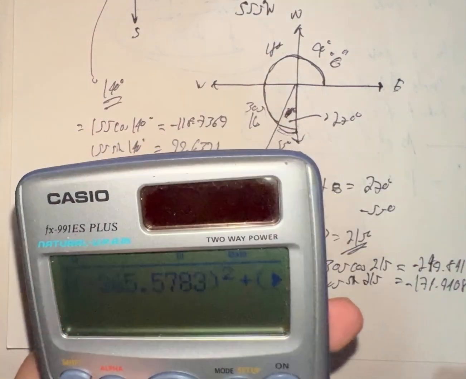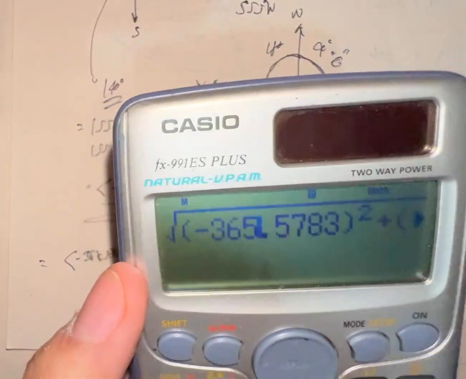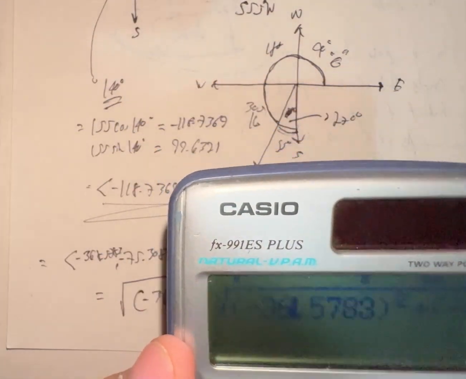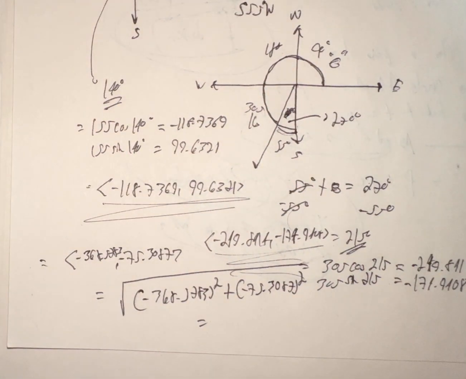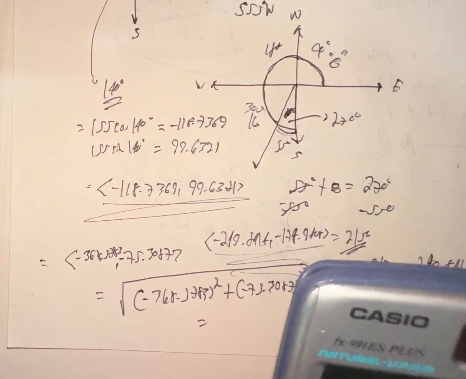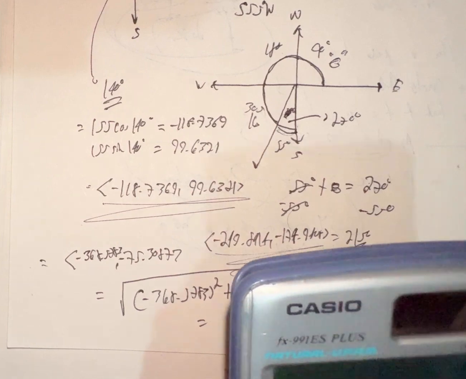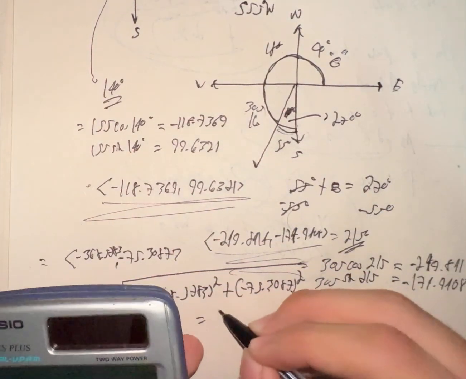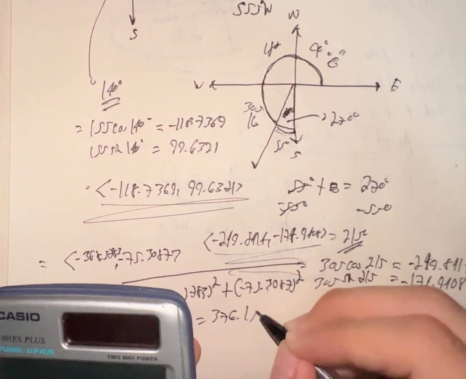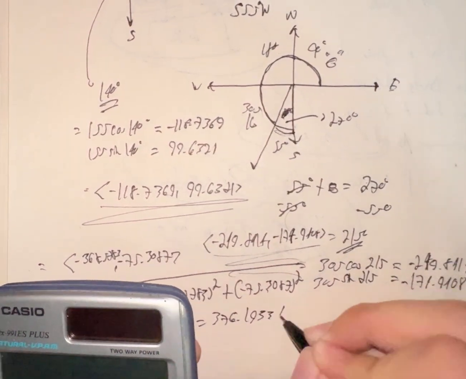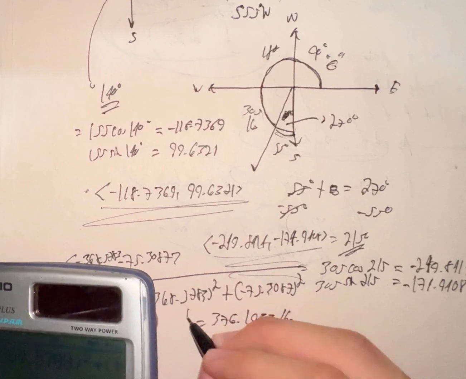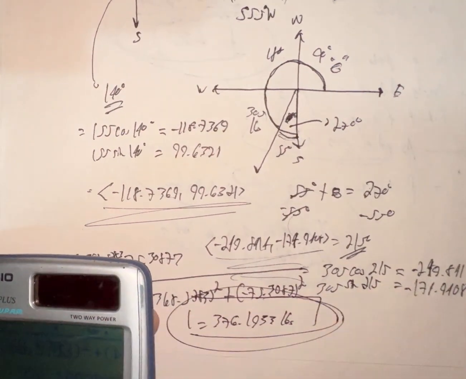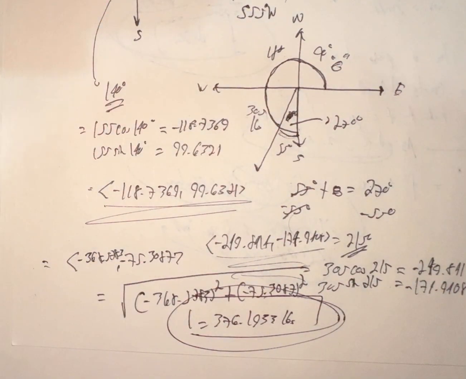And yes, I did have something wrong. It's 368, not 365. So now our final resultant vector should be 376.9333 pounds. And that's it, that's the resultant vector of the two vectors.